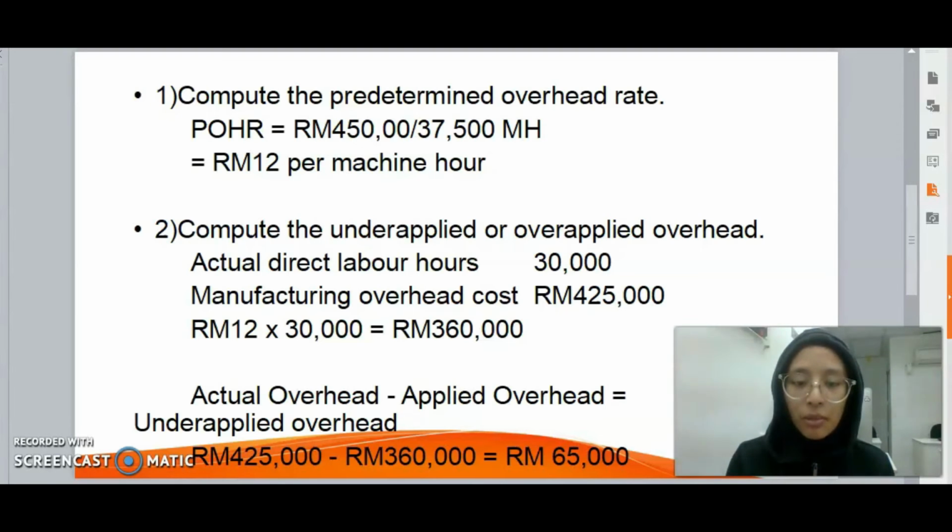To get the underapplied overhead, the formula is actual overhead minus applied overhead. For this question, 425,000 minus 360,000, we will get 65,000 for underapplied overhead.